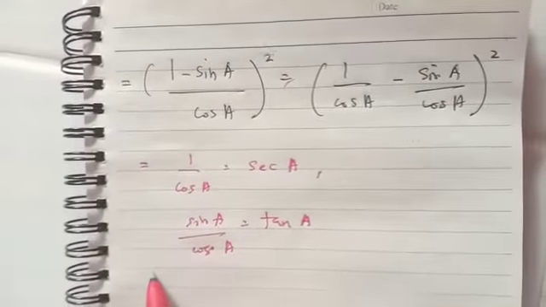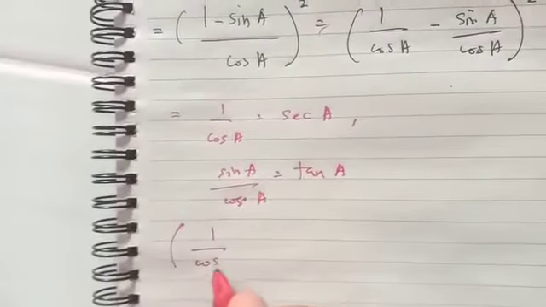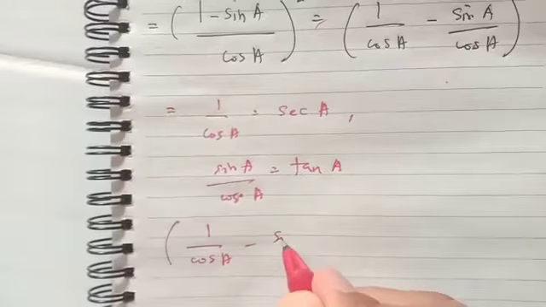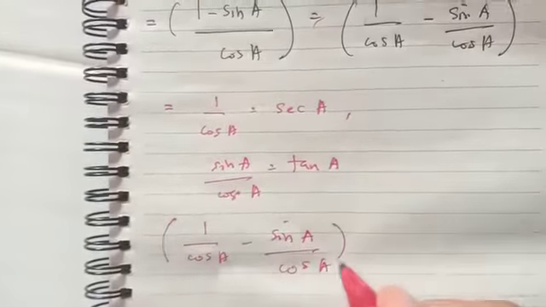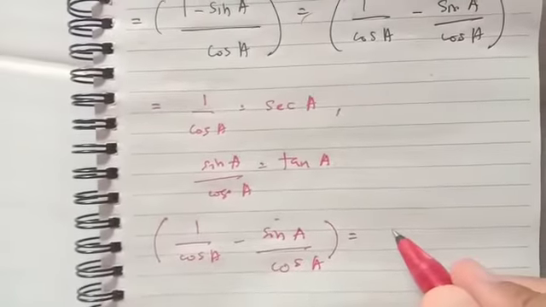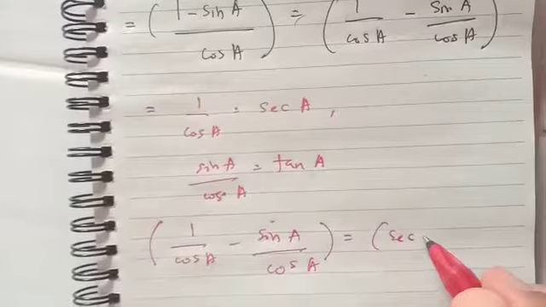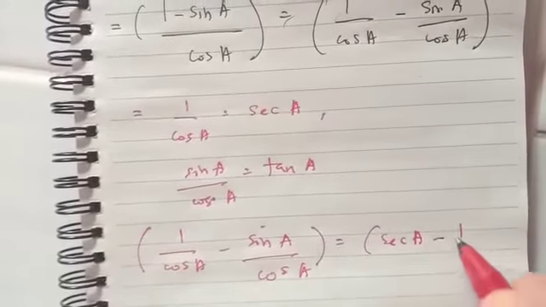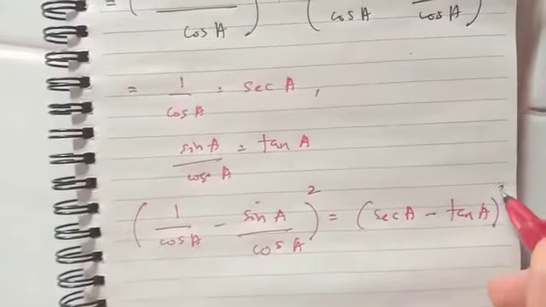So 1 over cos A minus sine A over cos A is equal to secant A minus tangent A, but squared.